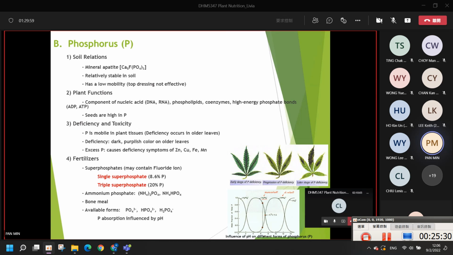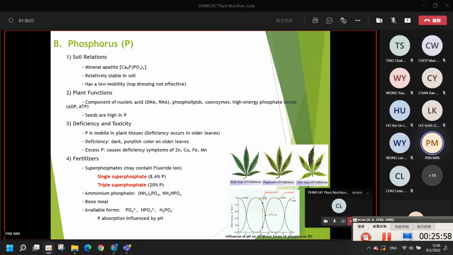The deficiency of phosphorus in plants is more difficult to diagnose than deficiency of nitrogen or potassium. The crop usually displays no obvious symptoms of phosphorus deficiency other than a general stunting of plants during early growth.